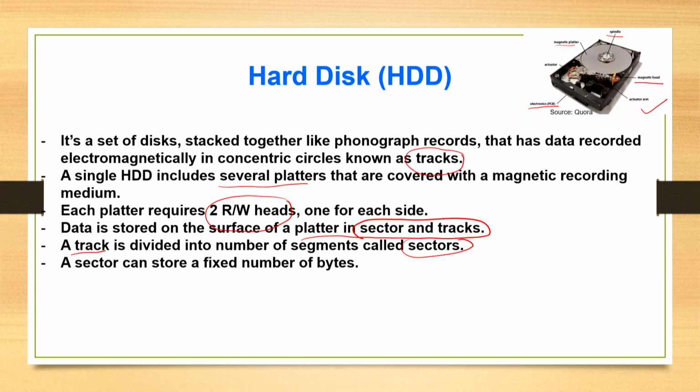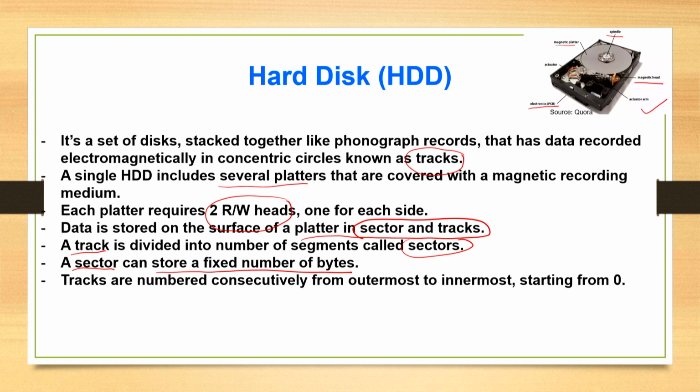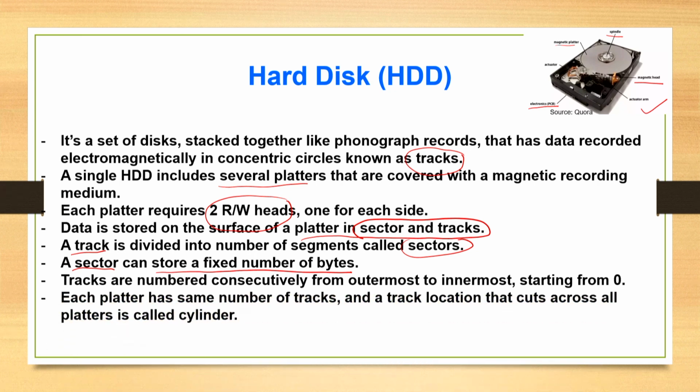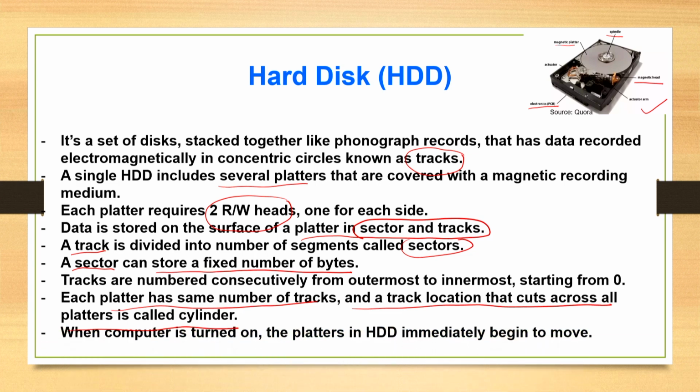So, what is a sector? A sector is a unit which stores a fixed number of bytes, and tracks are numbered consecutively from outermost to innermost starting from 0. Each platter has the same number of tracks, and a track location that cuts across all platters is called a cylinder. So, from here we get the terms track, sector, platter and cylinder.